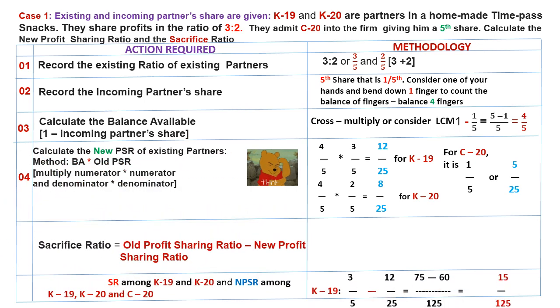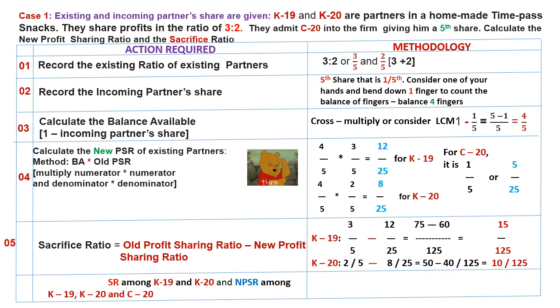Therefore, sacrifice ratio is old profit sharing ratio minus new profit sharing ratio. For K19, 5 by 125. For K20, it is 10 by 125. Conclusion is, the sacrificing ratio between K19 and K20 is 15 is to 10, see above, and the new ratio among all the three partners is 12 is to 8 is to 5.